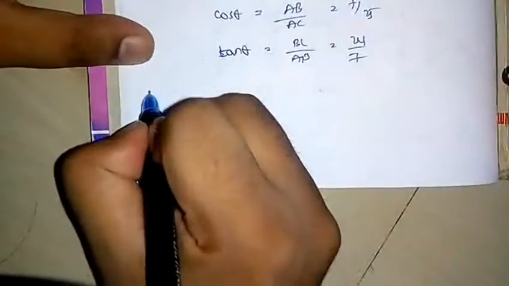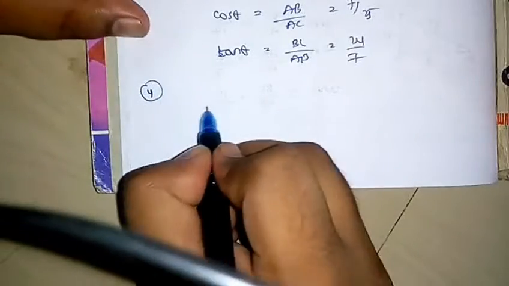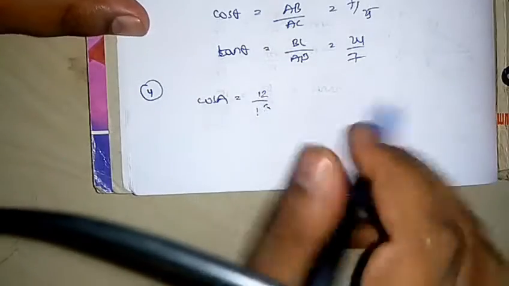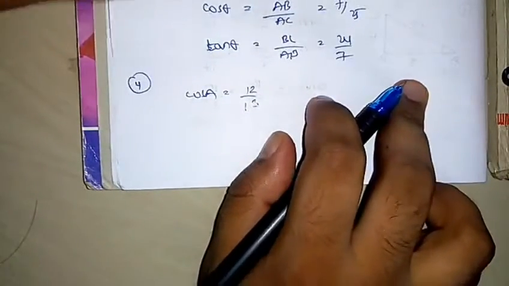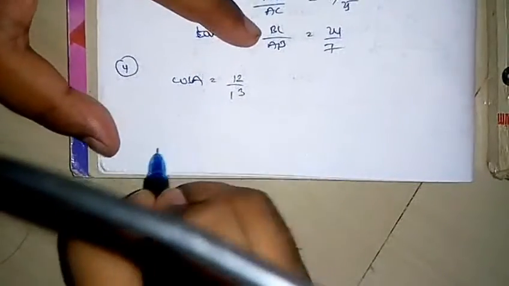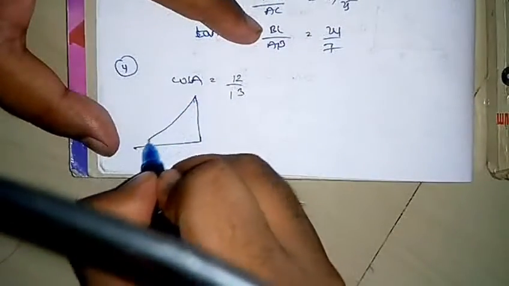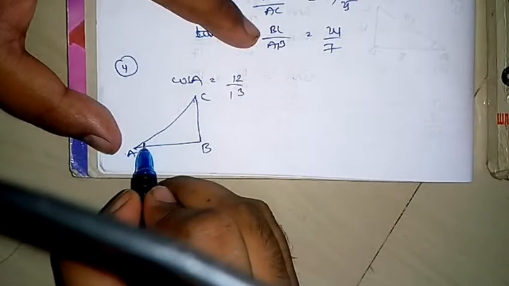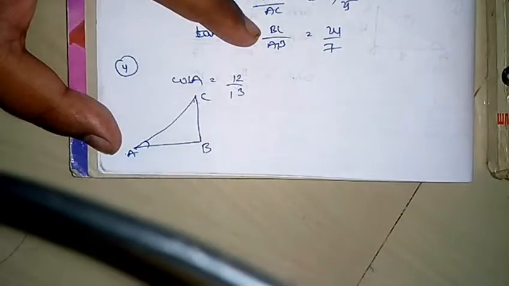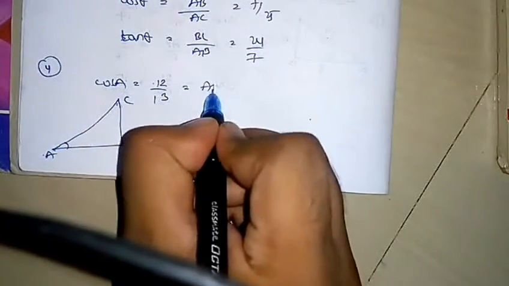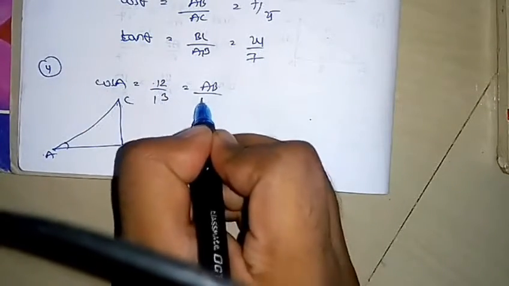Okay, let's do the fourth question. You are given cos A is equal to 12 by 13. You are asked to find sin A and tan A. In this triangle ABC, you are given cos A is equal to 12 by 13, which is equal to adjacent side AB by hypotenuse AC.